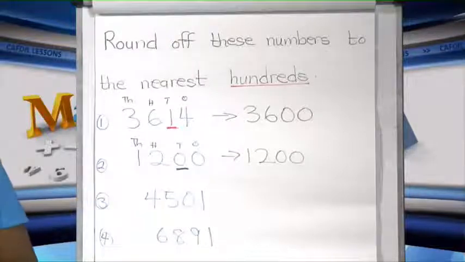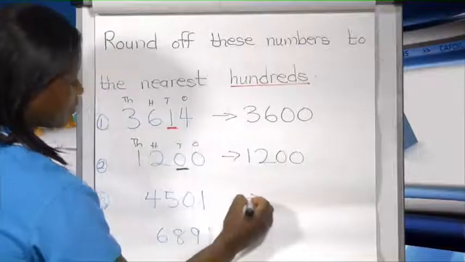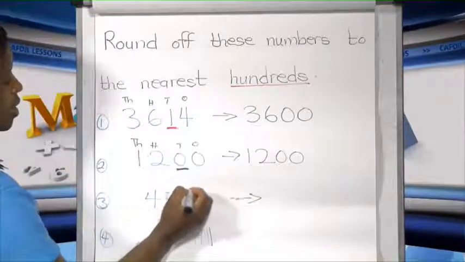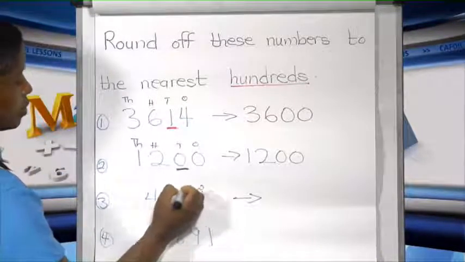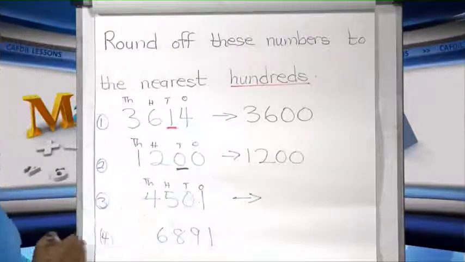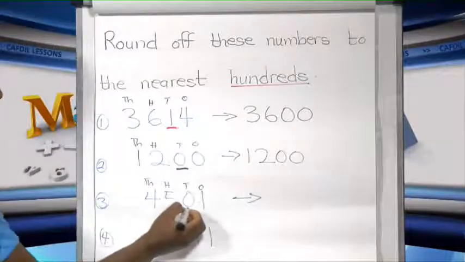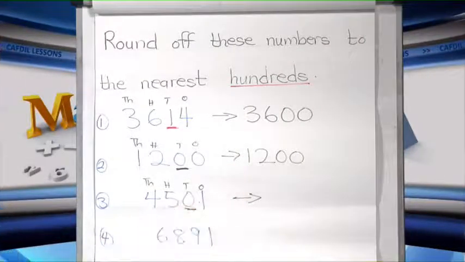Example 3. 4,501 to the nearest hundred. Let's label it. To the nearest hundred, where will be our target? The tens place. What is the digit over there?